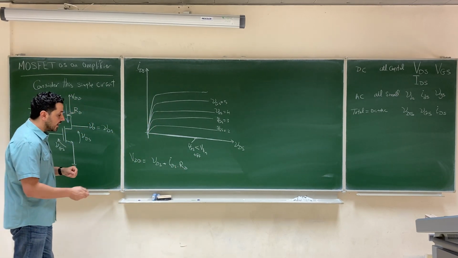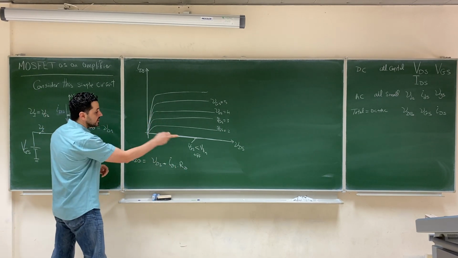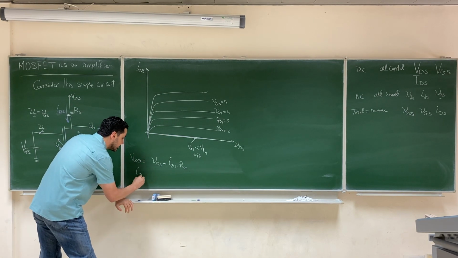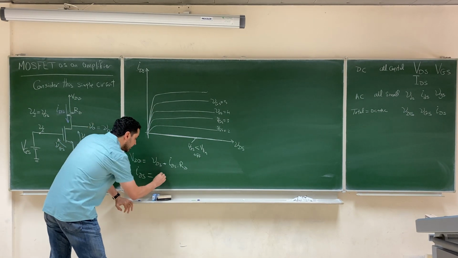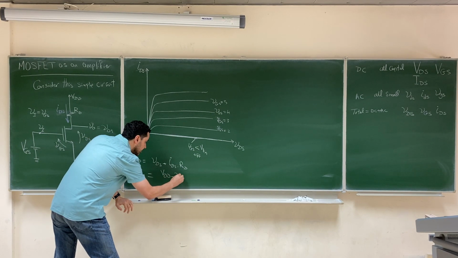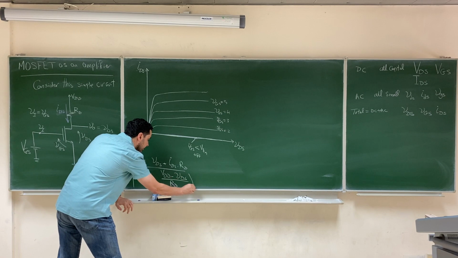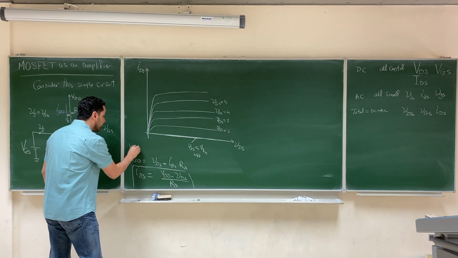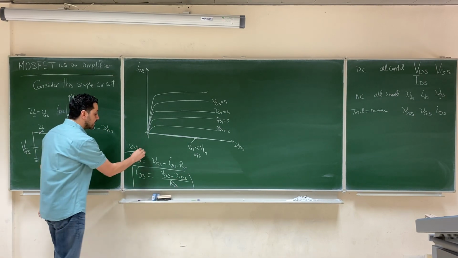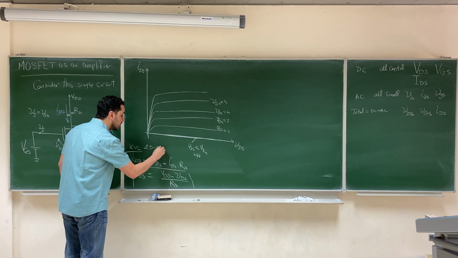From here we can get another relation between IDS and VDS: IDS equals (VDD minus VDS) over RD. This is another relation from KVL, Kirchhoff's voltage law, at the drain-source loop.